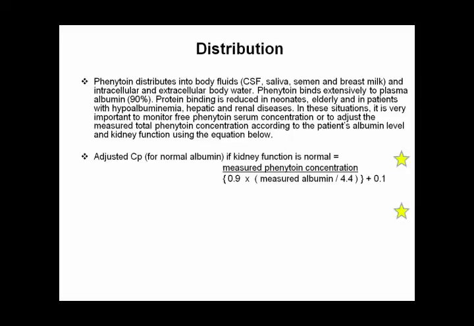And in a simple way, you can look at it as if phenytoin is measured in a patient as a total phenytoin concentration of 10, and the patient has half the normal albumin concentration, then the effect of this 10 total phenytoin concentration may equal the effect of 20 if the patient had a normal albumin.